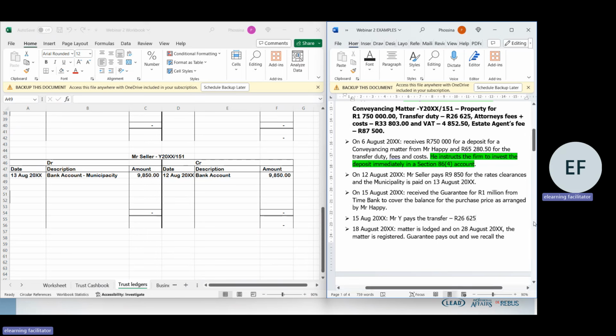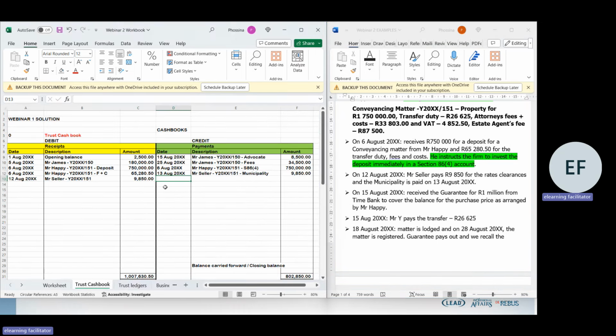These things are given according to rates that are already gazetted, but for the sake of our example, we're given all the information. So for the payment of the transfer duty, and remember we received money from Mr. Happy, we go to our cash book, 15 August 20XX.